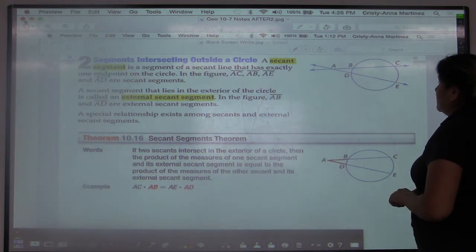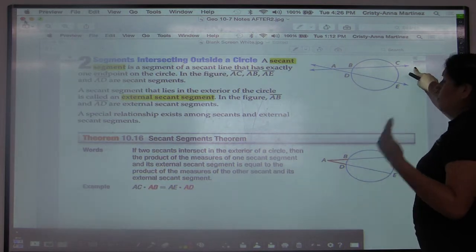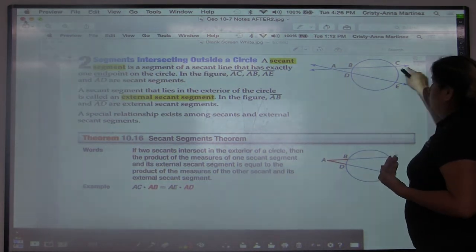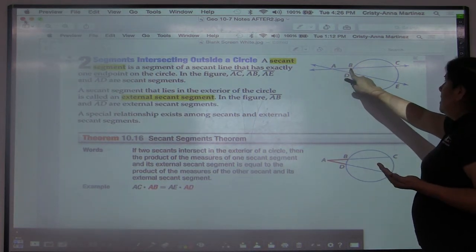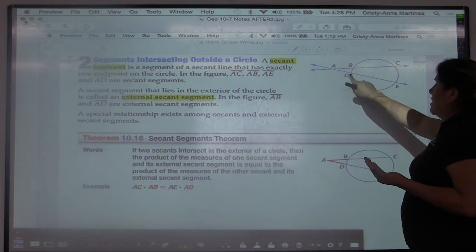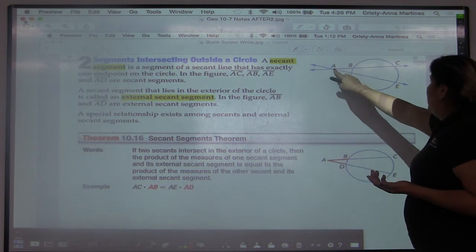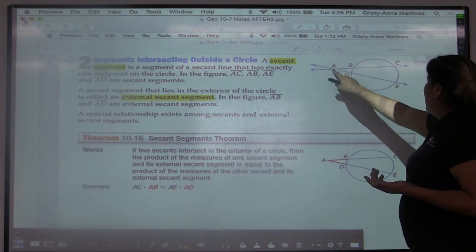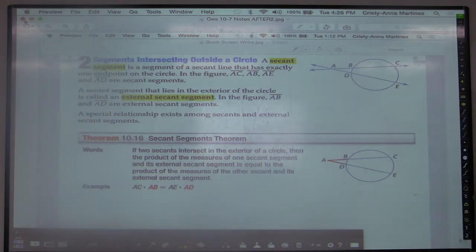Okay, so the secant segment is the part of the secant line. So the secant line is the entire line, right? It's the portion of the secant line that has exactly one endpoint on the circle. So from the point A here, it's not on the circle, but B is. And same thing here, D is on the circle. And so then we have that AC and AB and AE and AD are what we call secant segments, okay?